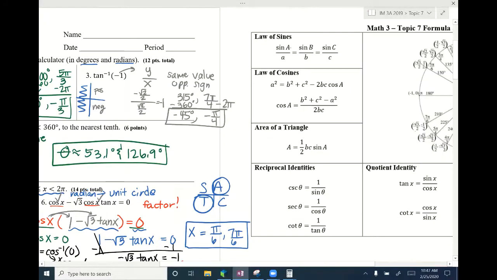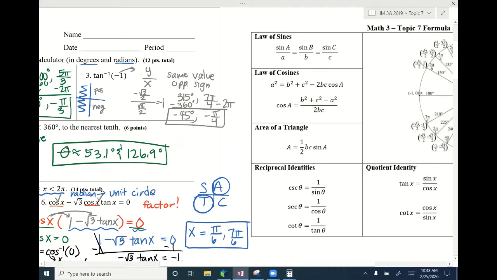So if you have 3 different letters and you can't find the other letter using the sum of a triangle, then you're going to use the law of cosines. For law of sines, you have to have 2 of the same letter for one angle one side, one angle one side in order to use it.